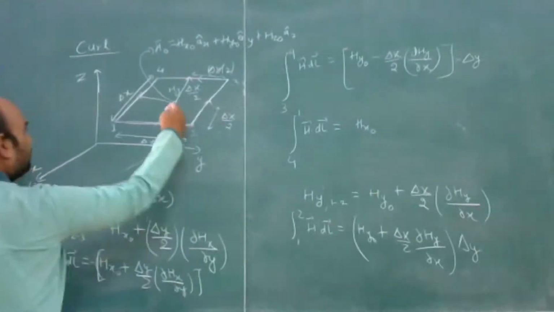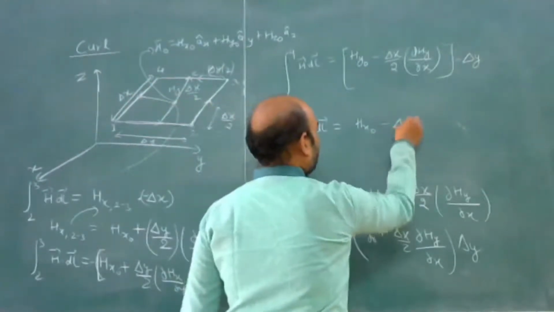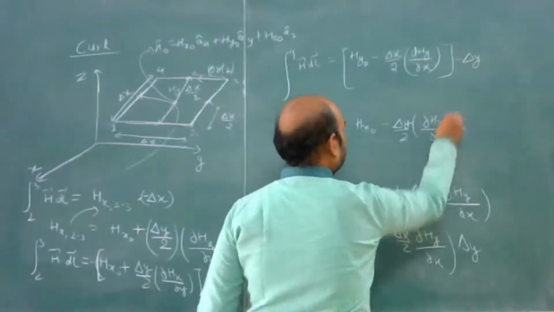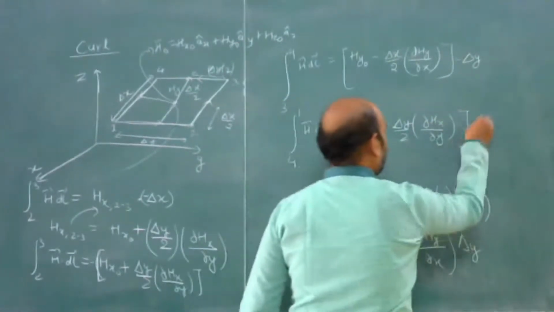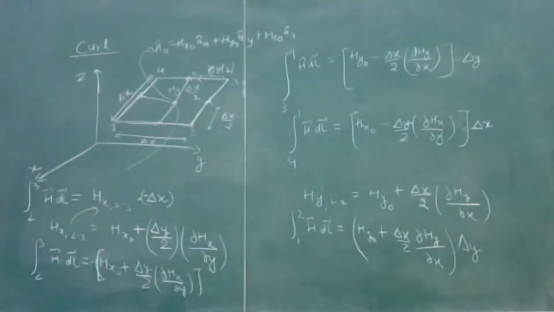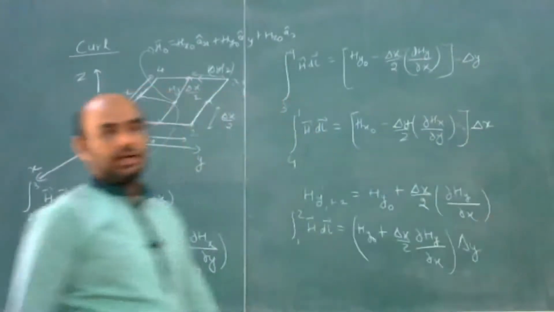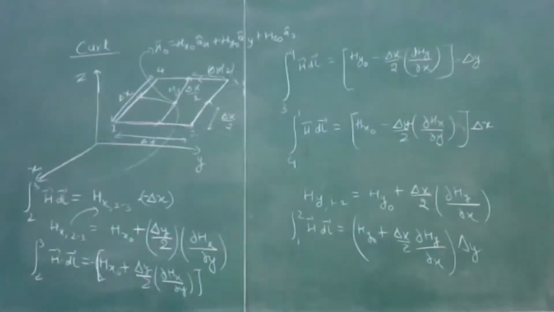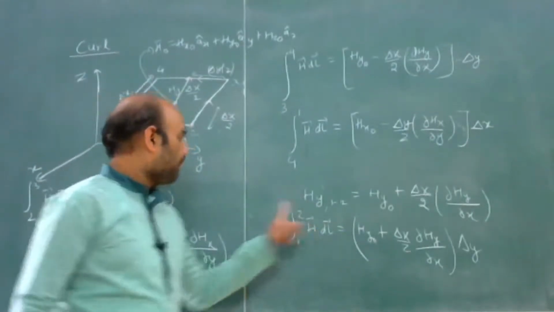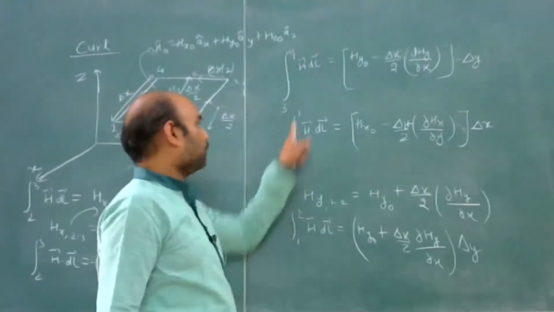It is opposite to the y-axis, so this will be minus delta y by 2, times del Hx by del y, multiplied by delta x. So this length is delta x. So we have calculated the four line integrals, H dot dl from 1 to 2, from 2 to 3, from 3 to 4 and 4 to 1.